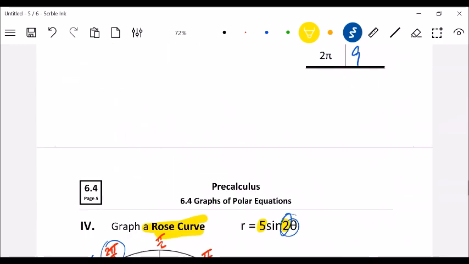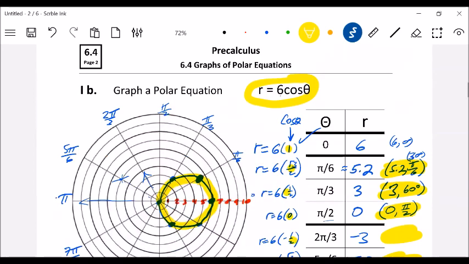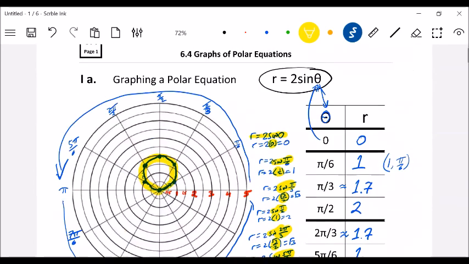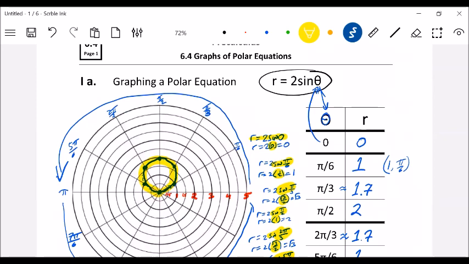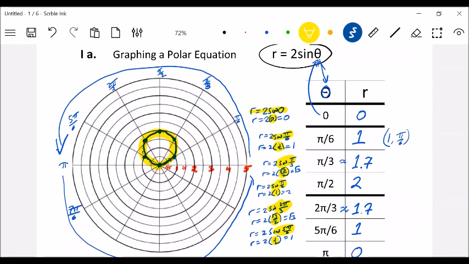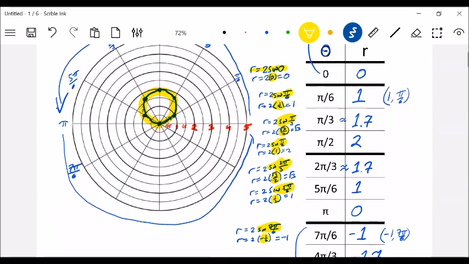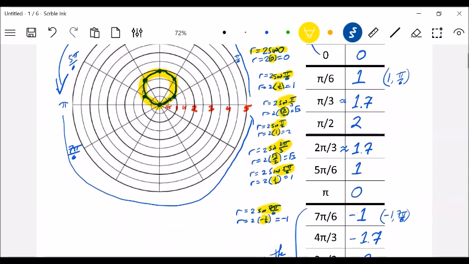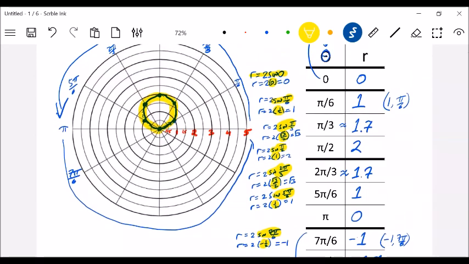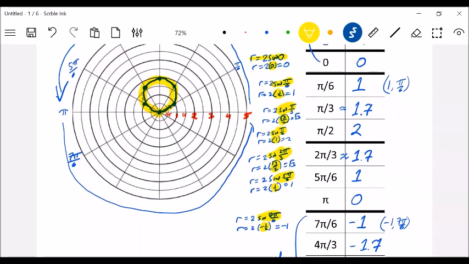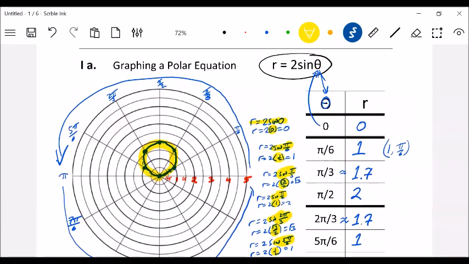So let's review quickly the things in here, because there's a lot in this section. Graphing a basic polar equation means just figuring out the trigonometric answer for each of the sines or cosines as we get them, plugging it in, doing the number, getting the radius, and then you have the radius and an angle and plot a polar coordinate. If you do that for all of them, you get this type of look for a polar equation with sine.